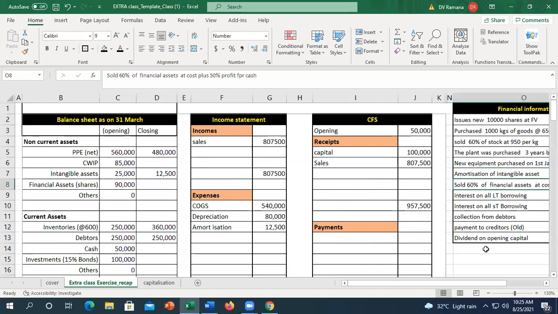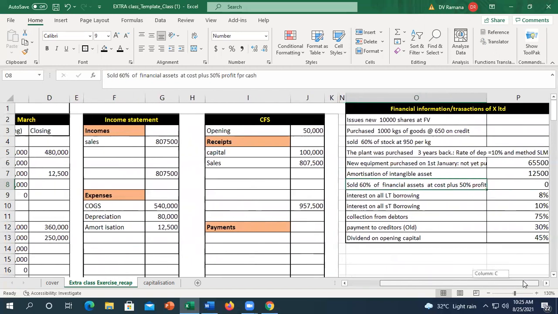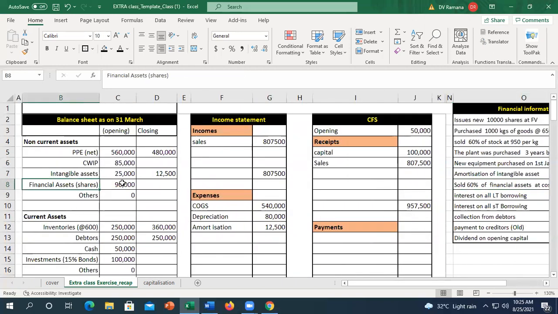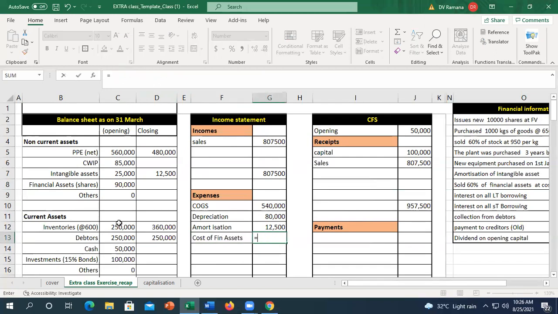Now we have sold 60% of the financial assets. What are financial assets here? Shares. That means this company invested in the shares of some other companies, 90,000. And they sold 60% of it. So the cost of the assets sold is 60% of that. And at what price has it been sold?